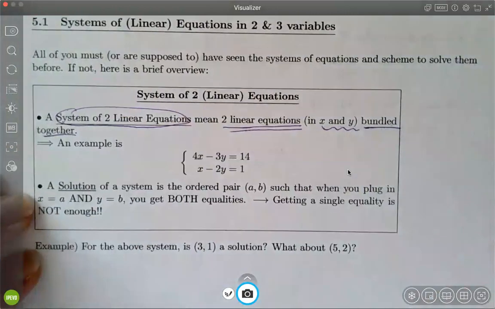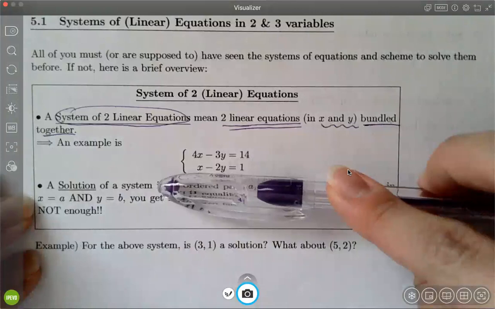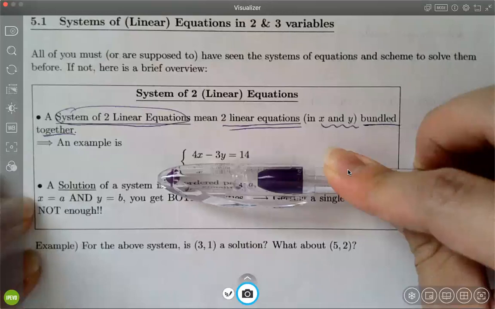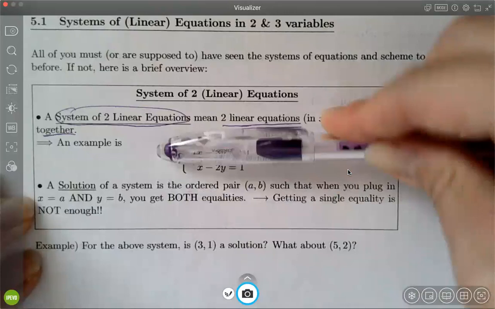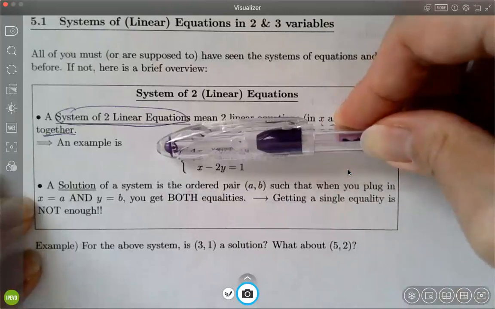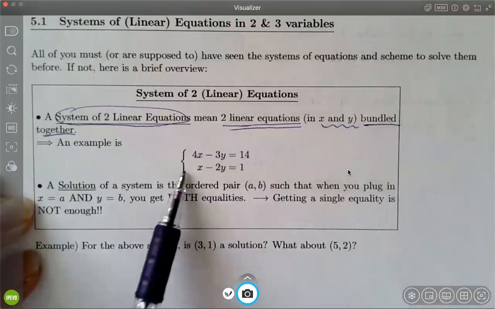Okay, so here's an example. 4x minus 3y equals 14. That's a linear equation, right? Because the graph will be a line. And then here's another one, x minus 2y equals 1. That's also a line, right? Okay, and these two are bundled together, like here in the curly bracket.